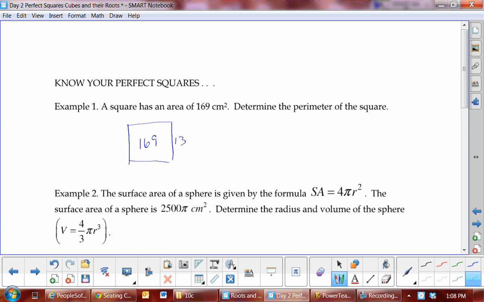This would be a 13 by 13 square. So, the perimeter would be 4 times 13, which is 52.